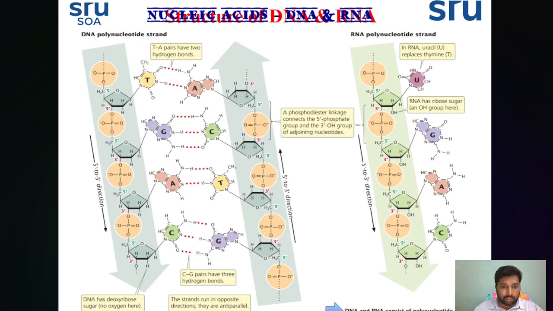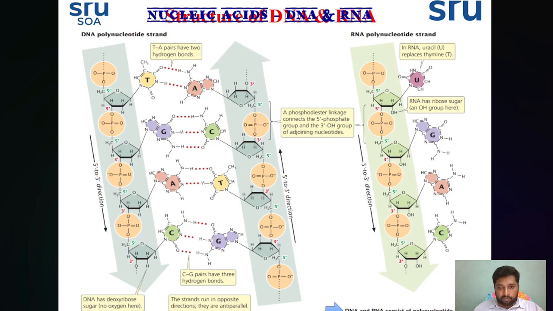And also adenine pairs with thymine with 2 hydrogen bonds, and guanine pairs with cytosine with 3 hydrogen bonds. There is no chance of placing uracil in DNA, and in the case of RNA, uracil is placed. These hydrogen bonds are weaker bonds, and also DNA has deoxyribose sugar.